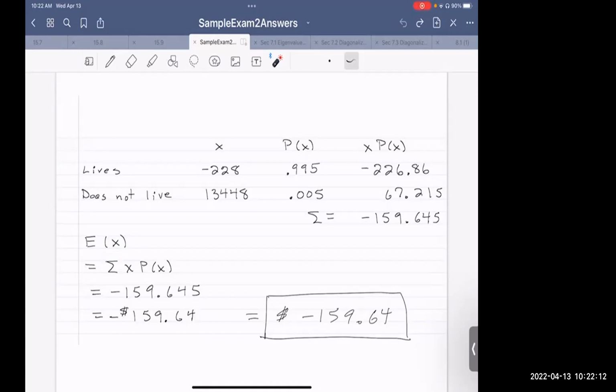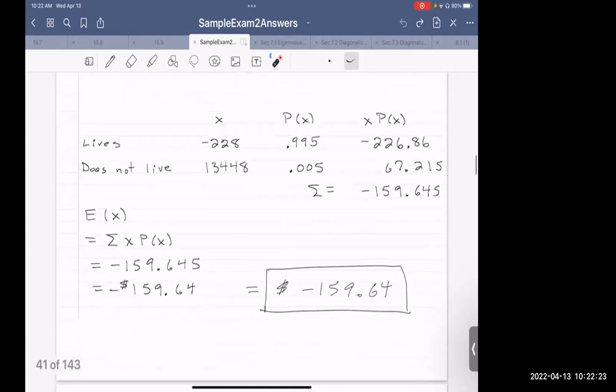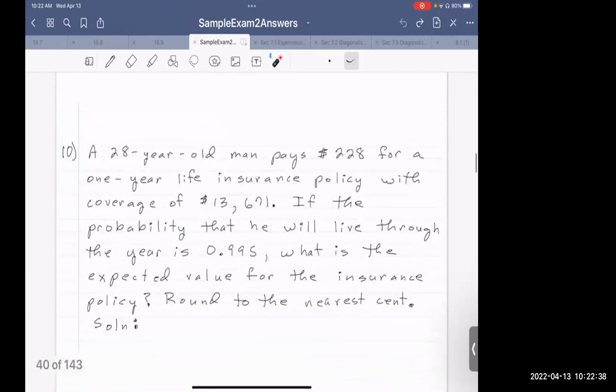And so there's a 0.995 probability that he lives throughout the year. Therefore, there is a 0.005 probability that he does not live throughout the year. He must pay $228 for his life insurance policy.